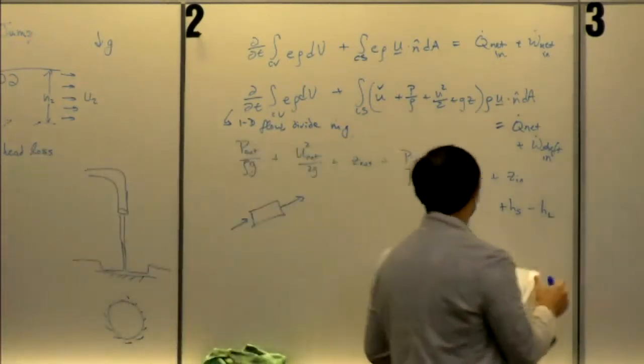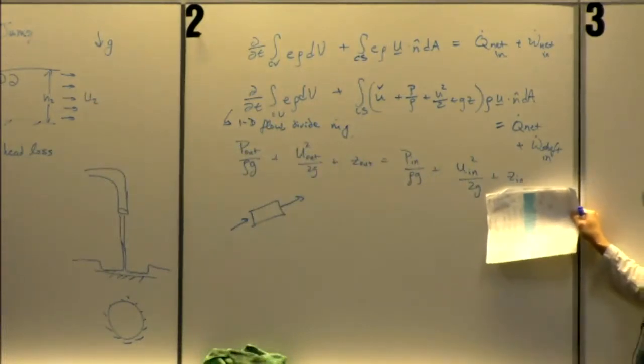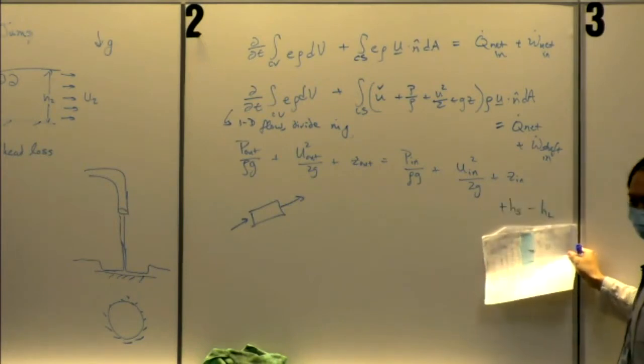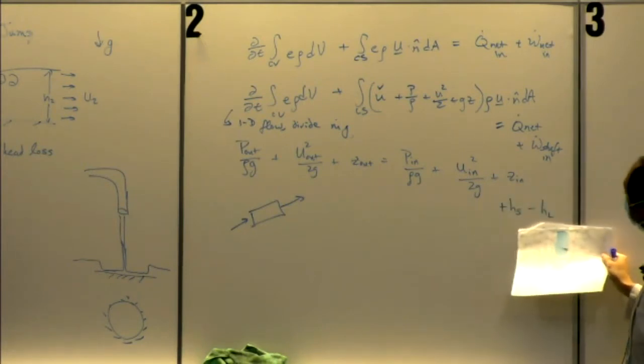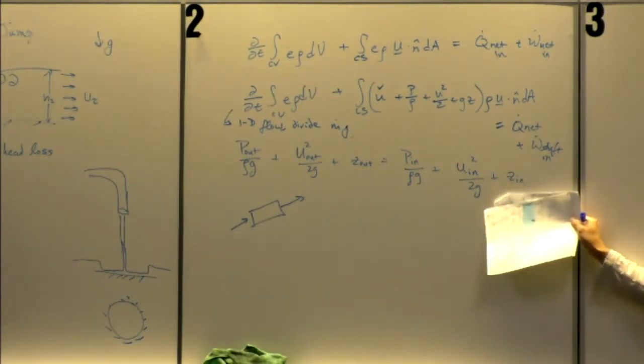And that's basically what this is saying: the sum of the three energies, the pressure energies, the kinetic energies, and the gravitational energies, at the outlet should be equal to the inlet. But in life, there's usually some difference between those two, and those are called losses. So the Bernoulli equation, which doesn't have that, assumes no viscosity all along the streamline.